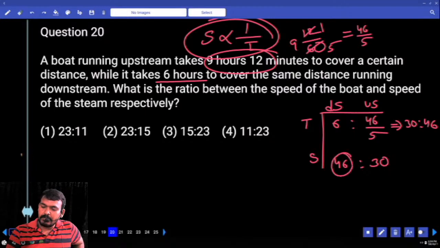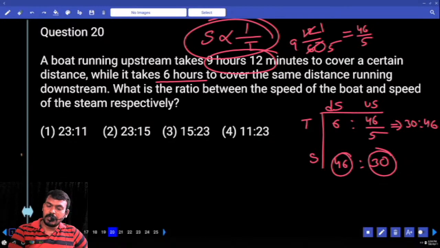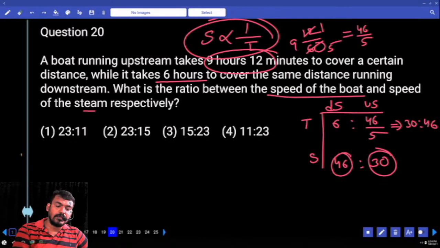What is the downstream speed? 46. Upstream speed 30. But the question is the ratio between the speed of the boat and speed of the stream.